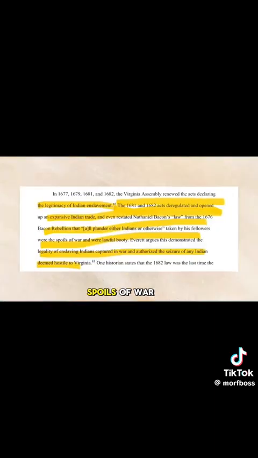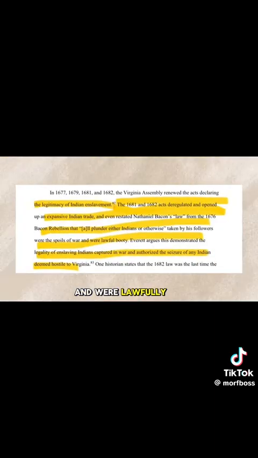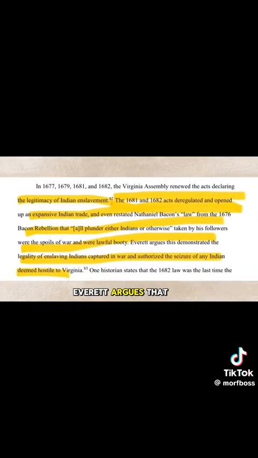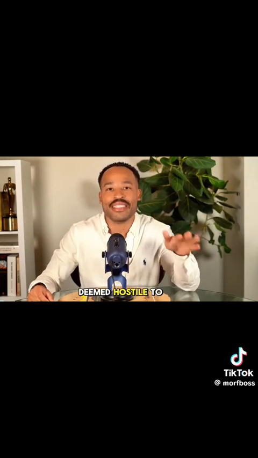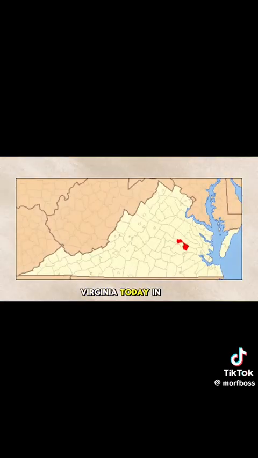All plunder, either Indians or otherwise, taken by his followers were the spoils of war and were lawfully booty. Everett argues that this demonstrated the legality of enslaving Indians captured in war and authorized the seizure of any Indian deemed hostile to Virginia.